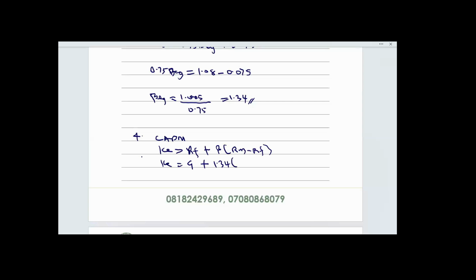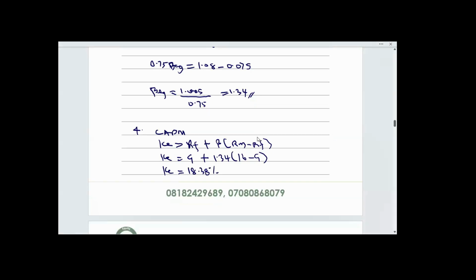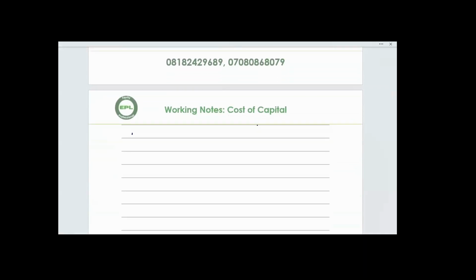Market premium is 16 minus 9, which gives us 7. Therefore, cost of equity is 18.38%. Finally, I calculate WACC.